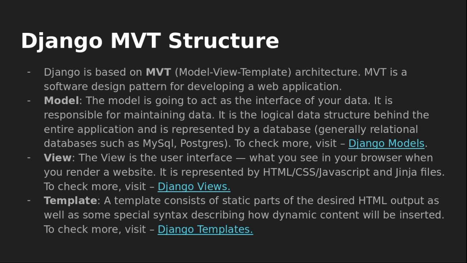It will have some HTML code, some JavaScript code and some CSS code. It will have some special syntax which is Jinja syntax. Jinja is used to pass your dynamic data via the view to your template.